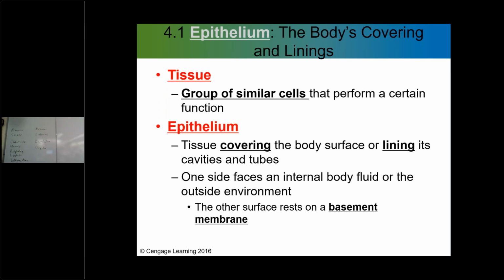How does this blood travel? Through blood vessels. These blood vessels are hollow, so they have a lumen. Remember, the inner portion of the tube is the lumen. Inside of that tube is going to be lined.